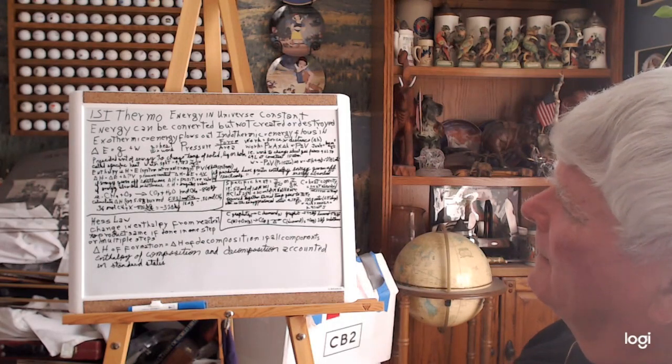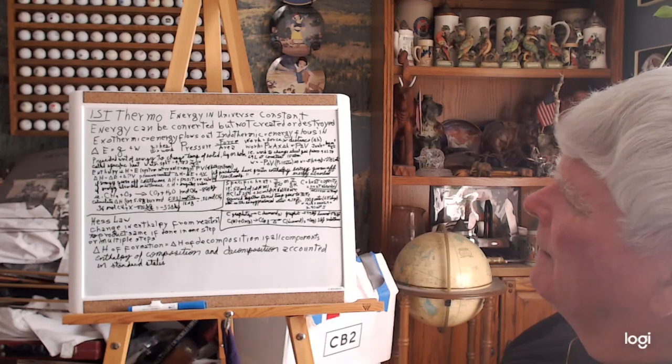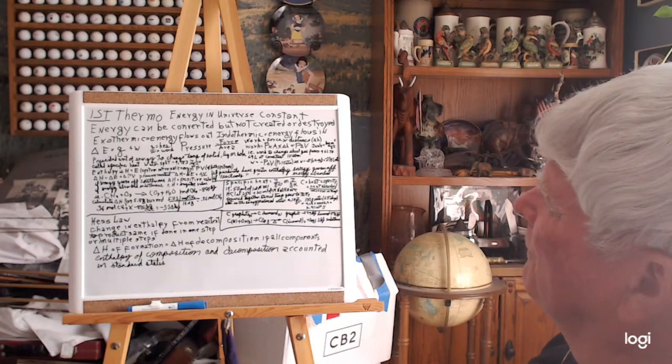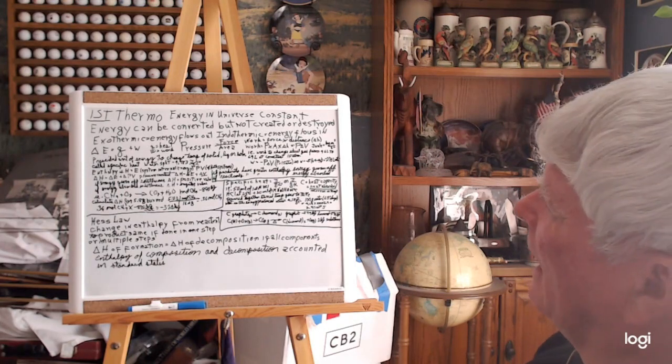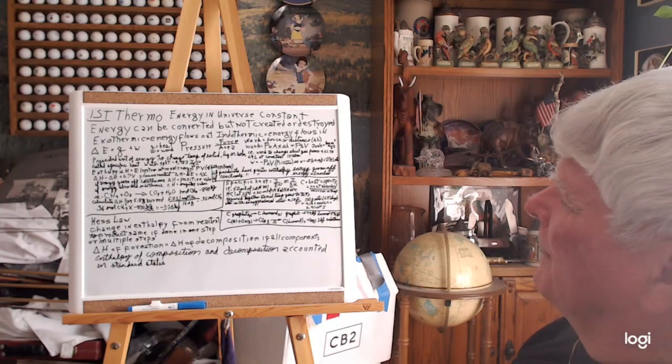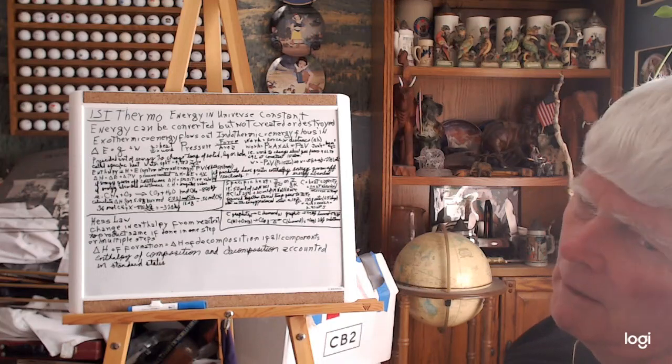The question asks, calculate the delta H for 5.8 grams of burned methane. Well, you've got 5.8 grams of methane, and of course you've got to change everything to moles.